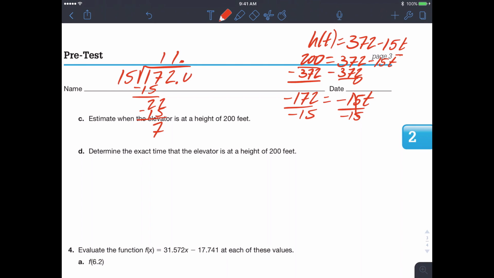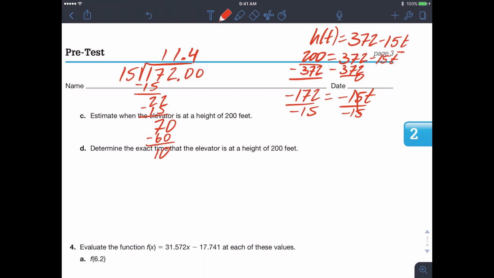Point, add a 0. 15 goes into 70. 15 times 4 is 60. Add another 0. And you know what? I'm going to leave it at 11.4. Good enough. Probably keep going. So 11.4 seconds is t.